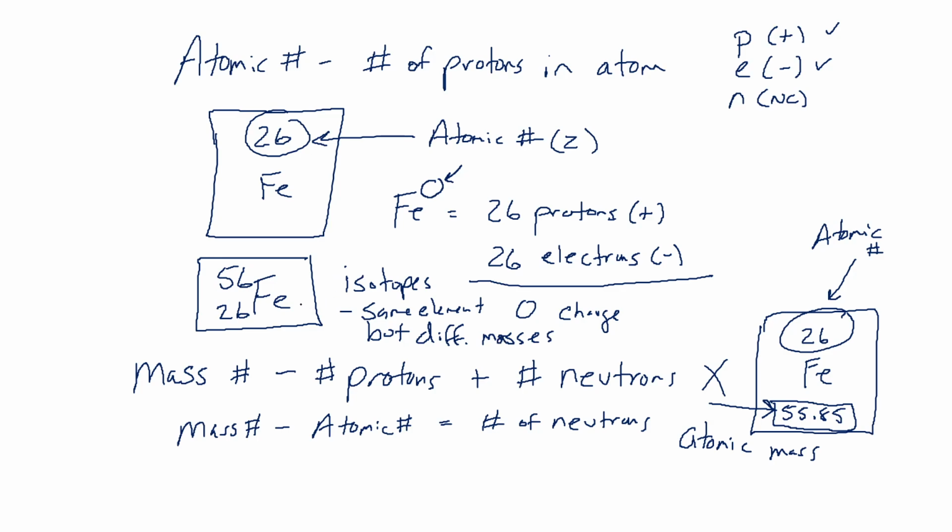And why do they have different masses? Well, it's because they actually have different numbers of neutrons. So because these are the same elements, they will have the same number of protons.